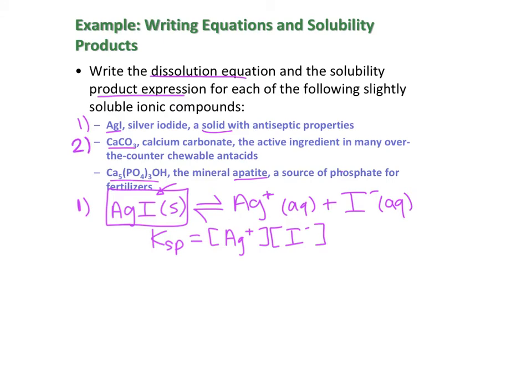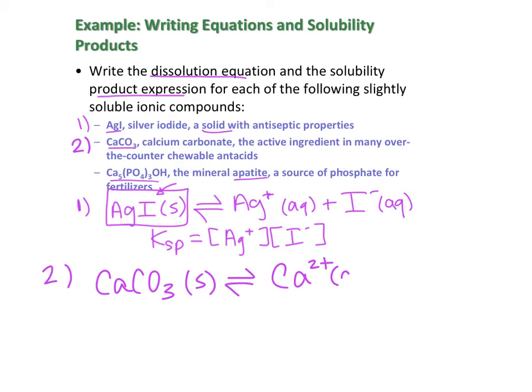So for number 2, we have calcium carbonate, so it's solid. And then it's in equilibrium with its ions, which is calcium. Calcium is an alkaline earth metal, which forms a +2 charge. And then carbonate is a polyatomic ion, which has a -2 charge, or 2 minus.